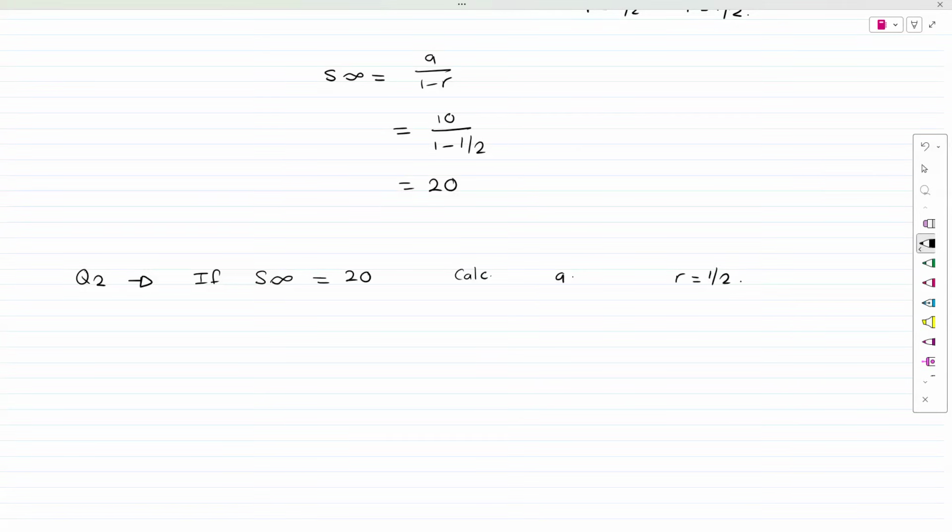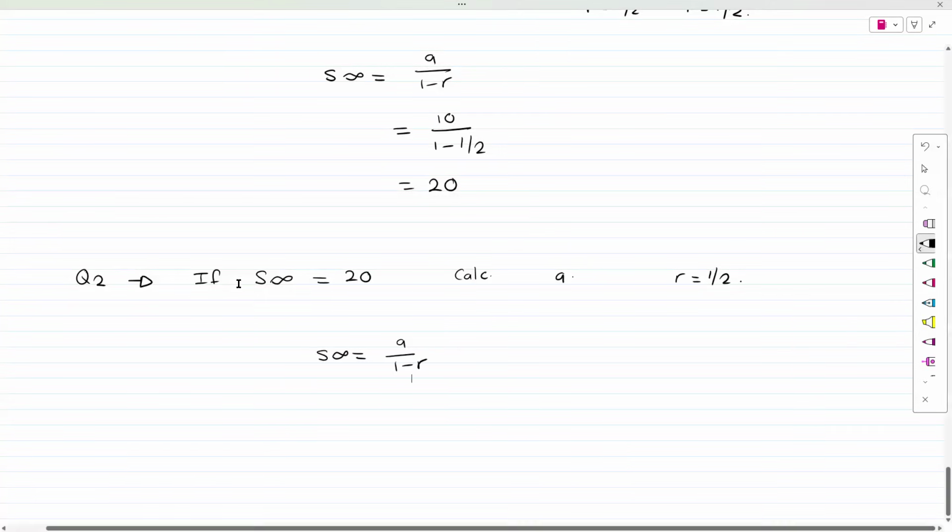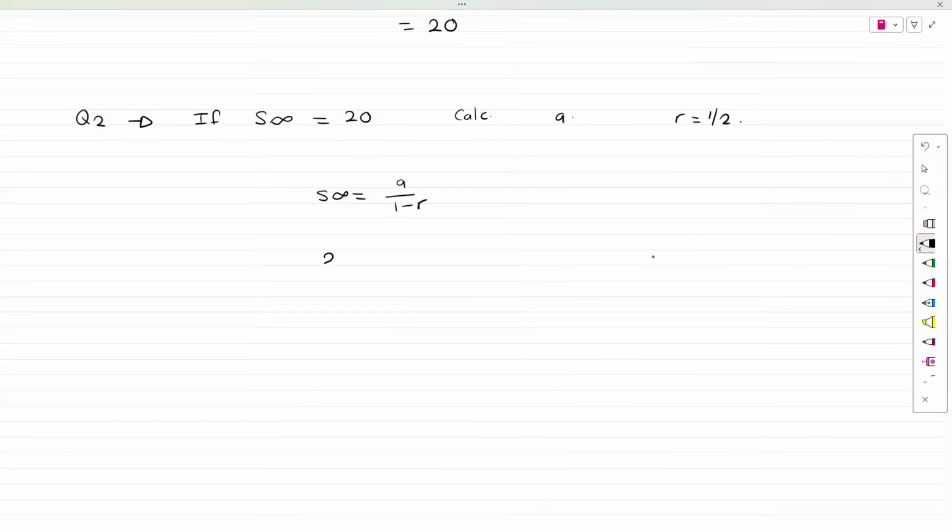I'm just giving that. I made the question up. So S infinity equals A over 1 minus R. Substitute what you're given. You're going to be given the infinity value is 20. A is unknown. That's 1 minus half. And now, guys, all you have to do is solve. 1 minus half is half. That's 20. Take that over as multiplication, and 10 equals A.